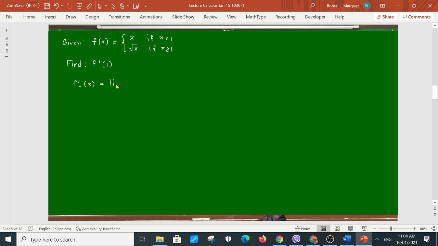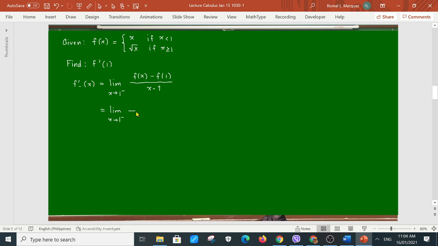So that is limit as x approaches 1 from the left of f of x minus f of 1 over x minus 1. And this is equal to limit as x approaches 1 from the left.